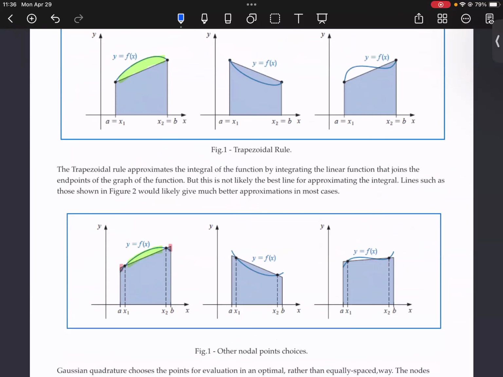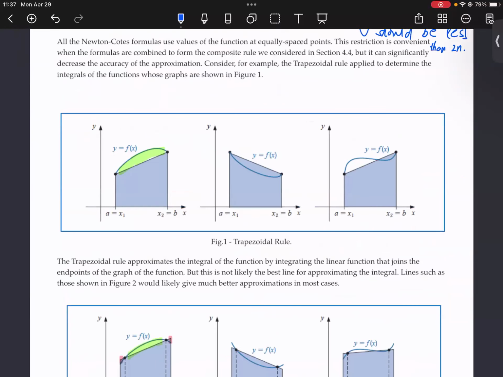Now, this is about the trapezoidal rule. There are some pictures here, with one function, another function, and another function.